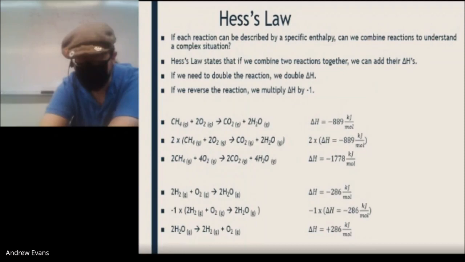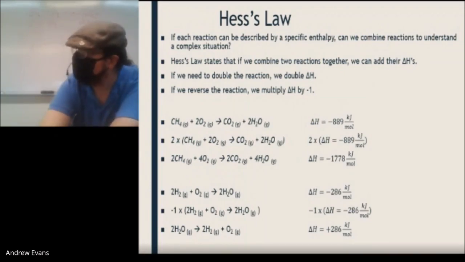So when we reverse the direction arrow, we're also reversing the sign of the enthalpy. If it gave us 286 energy, to go the other way would cost us 286 energy. This is the basic concept behind Hess's law.